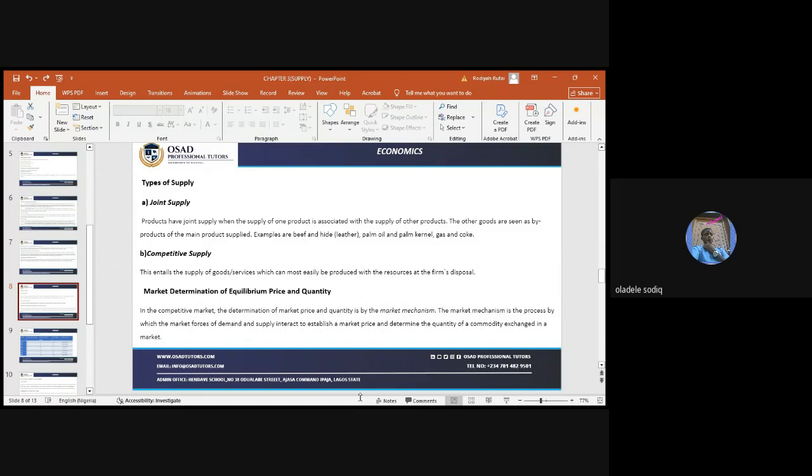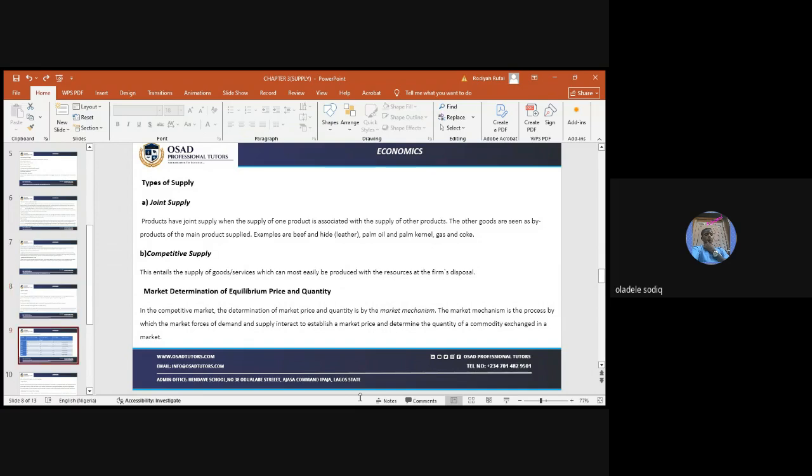That is, market determination means price determination and quantity determination. And all of these things are determined by the forces of demand and supply. So you can be asked in an exam, it can come as an objective question or a theory, who determines the price and quantity demanded of a commodity. So you can see it in the options. It is the market mechanism that determines. And what is that market mechanism? Forces of demand and supply.